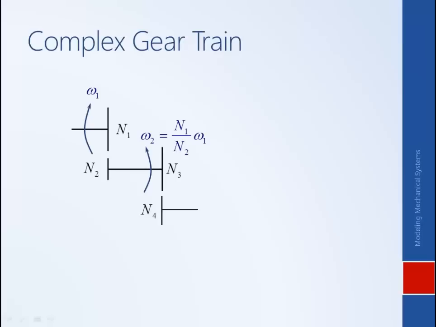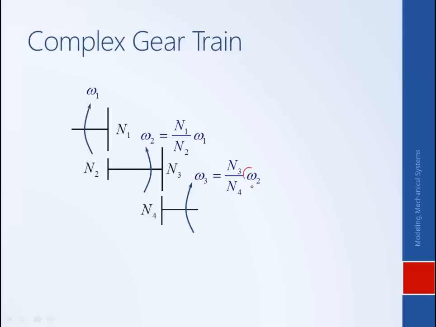We can also use the same notion to relate the speed of the intermediate gear omega 2 to the speed of the final shaft omega 3, where again the ratio of the speeds is inversely proportional to the number of teeth.